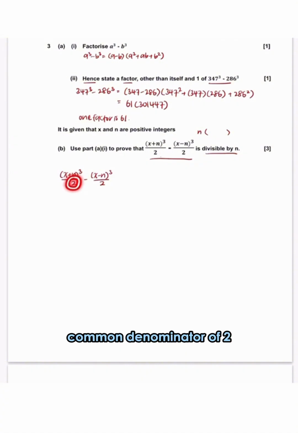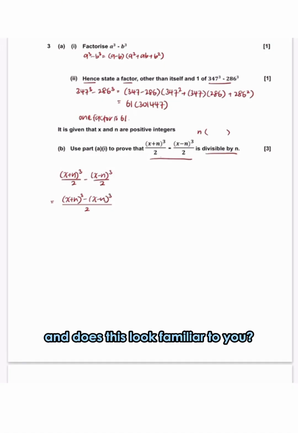Over here, we have a common denominator of 2, which means you can combine them into one fraction, where your numerator is now (x plus n) cubed minus (x minus n) cubed. And does this look familiar to you? This is exactly your difference in cubes, where now your a here is x plus n and your b is x minus n.